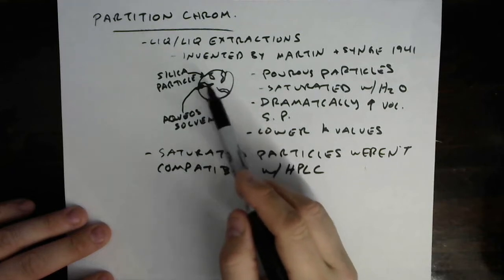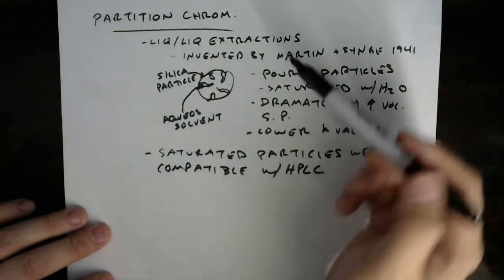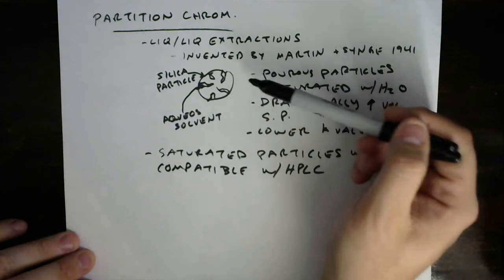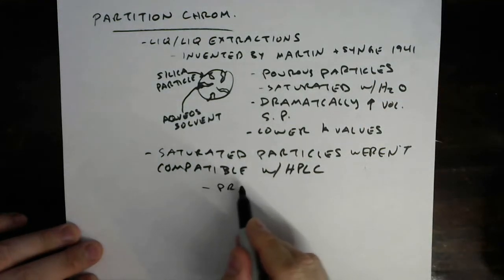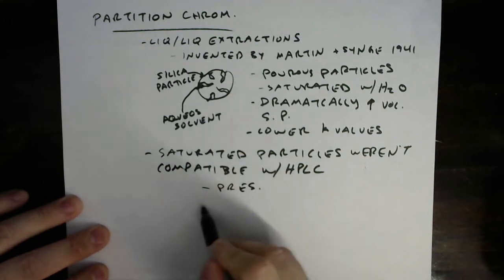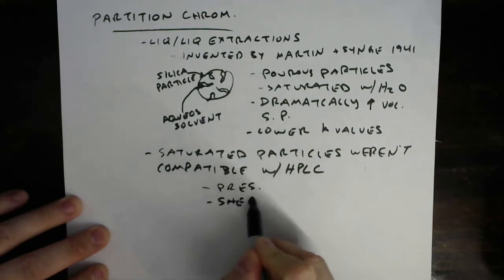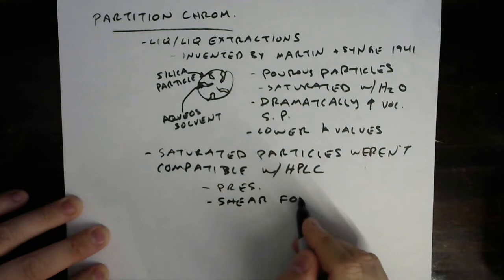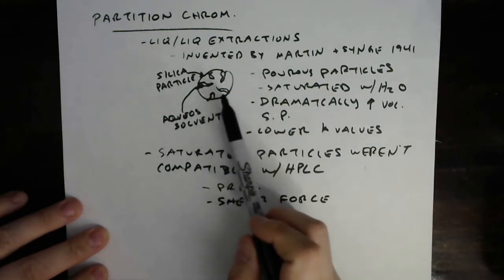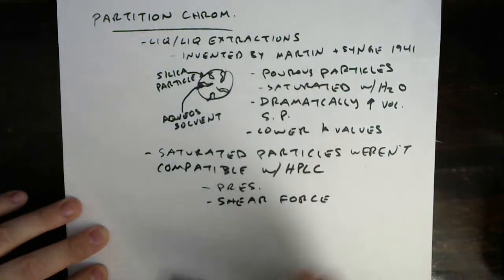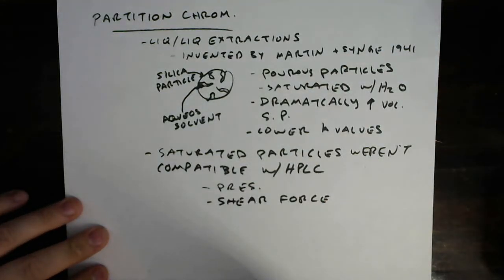If you make these particles much smaller and you start pushing mobile phase through these things at a pretty high volumetric flow rate, the pressures involved and the shear rates, or the shear force, which we talked about earlier in the semester, that's going to be acting on these solutions, is going to just wash that solvent right out of the particle.